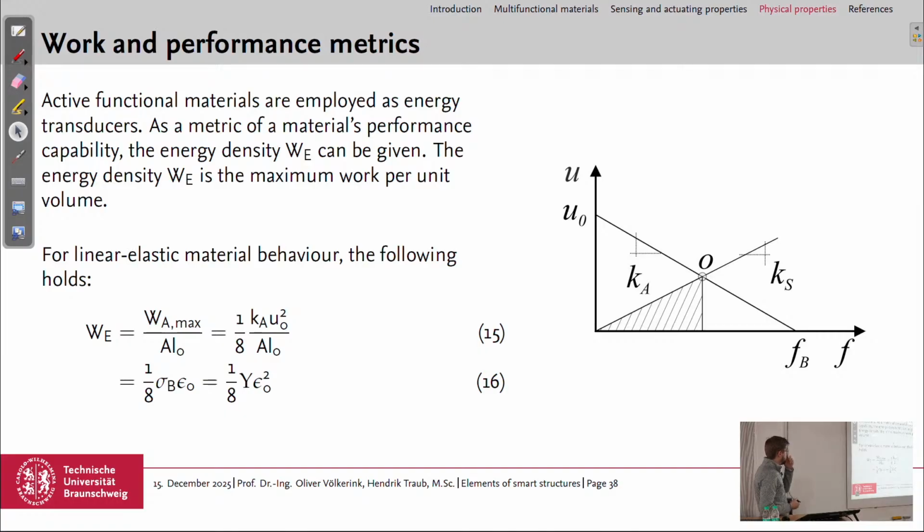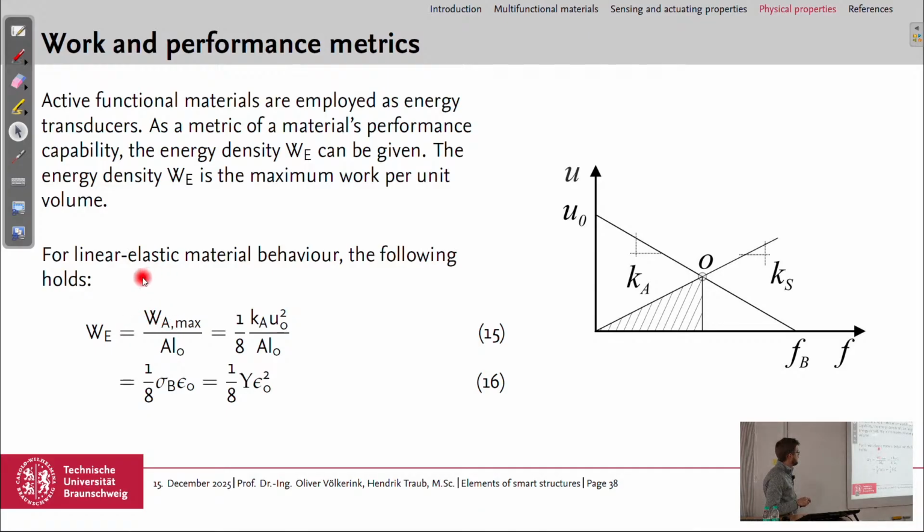So then we have some additional work and performance metrics. We have the work capacity. We'll go back to this presenter. We have the maximum work capacity, defined when we reach structural conformity, where stiffnesses between structure and actuator agree.